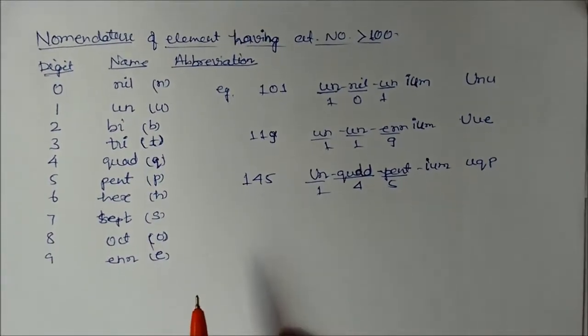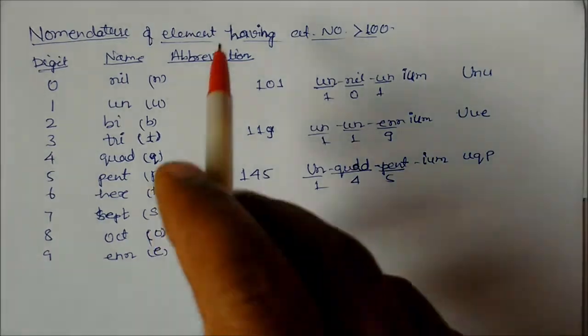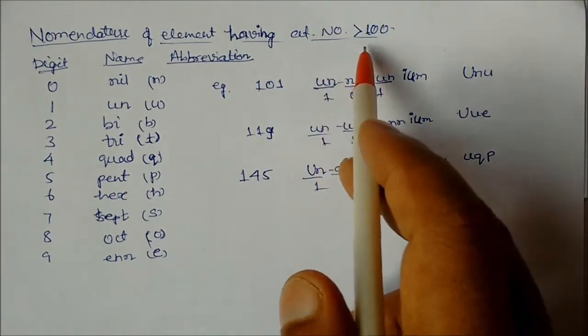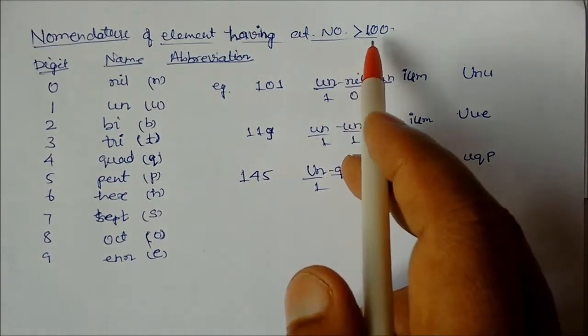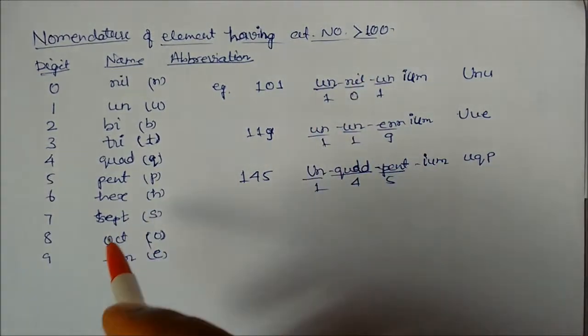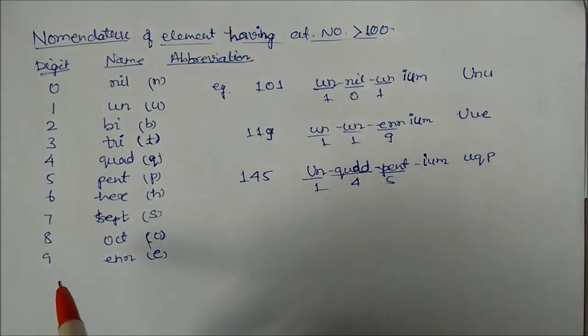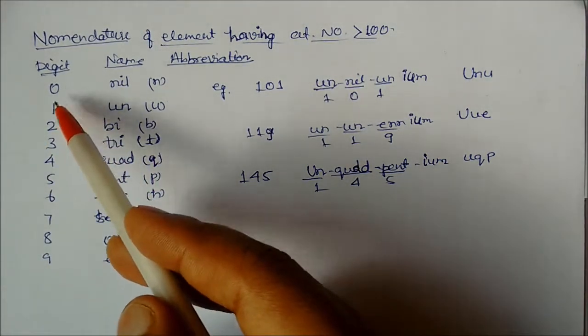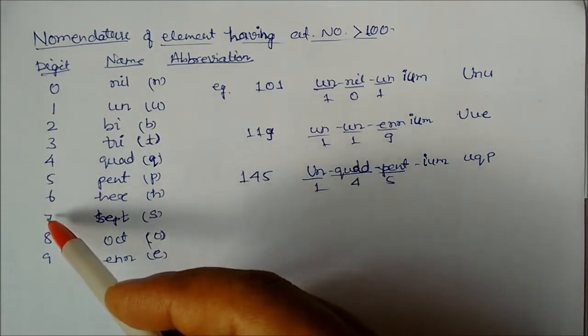Now after this, we will see how to give the nomenclature of elements having atomic number greater than 100. If the atomic number is greater than 100, IUPAC has given special criteria to write the nomenclature of these elements, like 101, 102, 103, 104. So how to understand and write it? First let us see the numbers 0 to 9 in words as given by IUPAC.